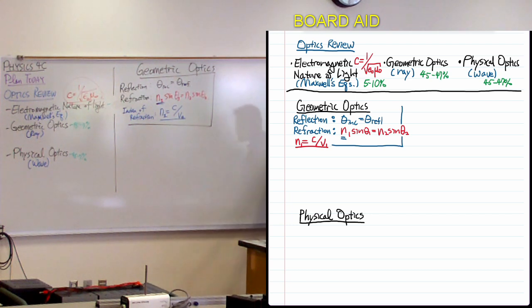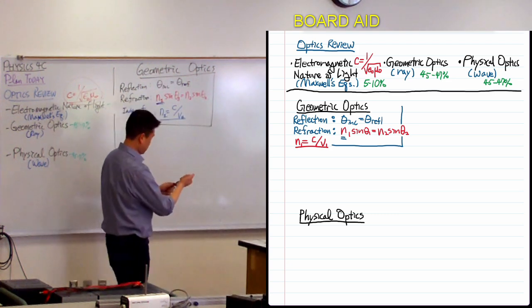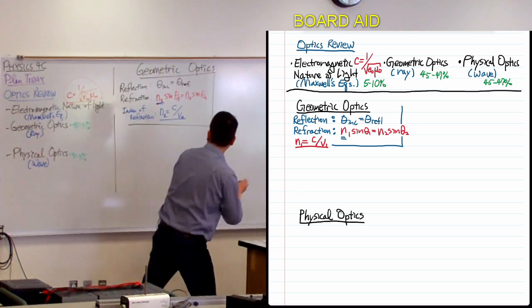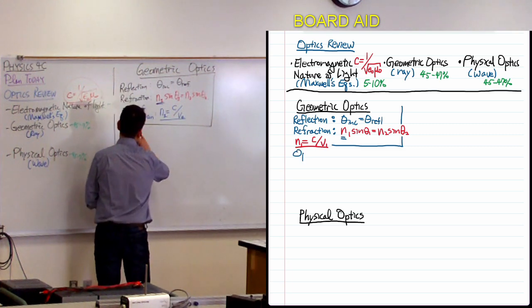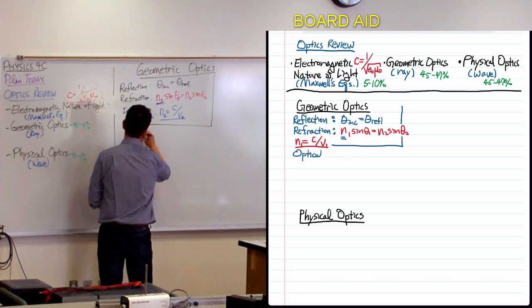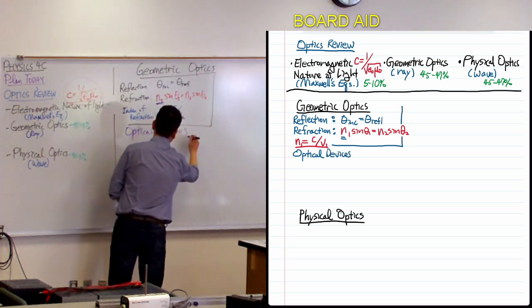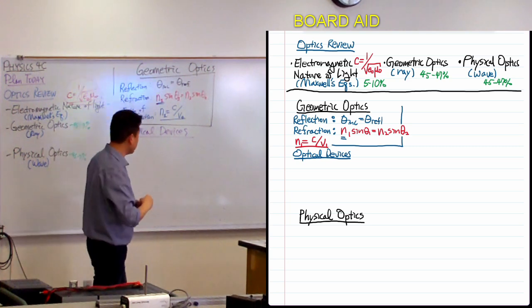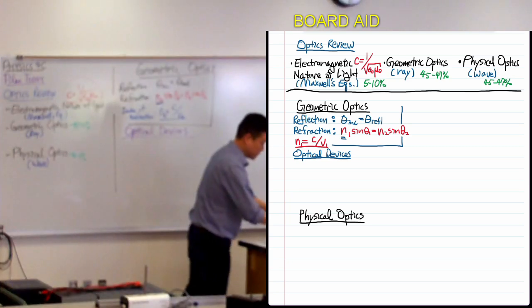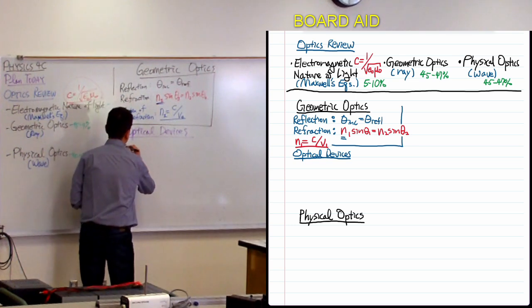So all of that would fall under what you might call, let me call it optical devices. Optical devices. And over the expressions dealing with optical devices, the most important expression, number one expression, is the lens equation.